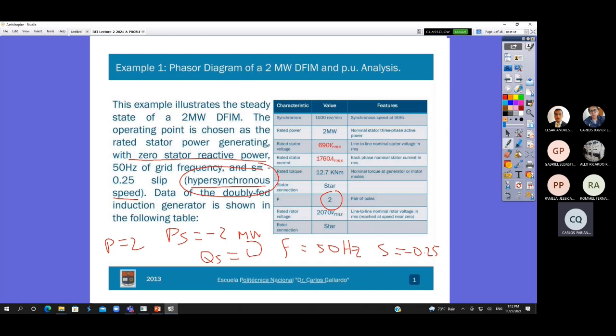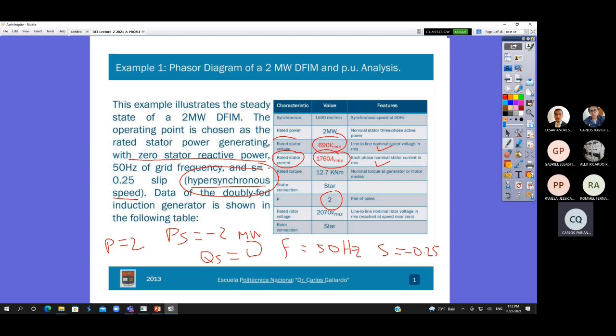And besides, the rated stator voltage is 690 volts, and the rated stator current is 1760 amps. So this is the line-to-line nominal stator voltage, and this is each phase nominal stator current.